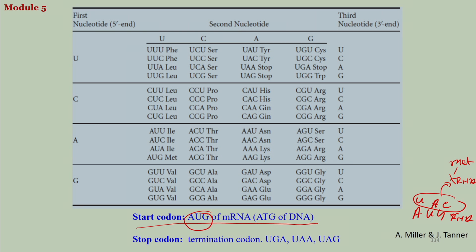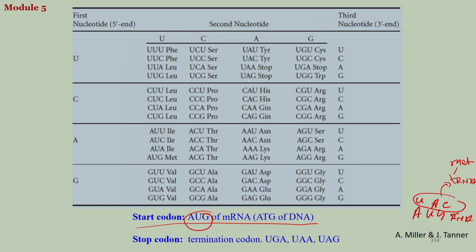That is where your protein synthesis starts. The codon AUG would represent a start codon, and therefore, I guess it should represent a methionine.